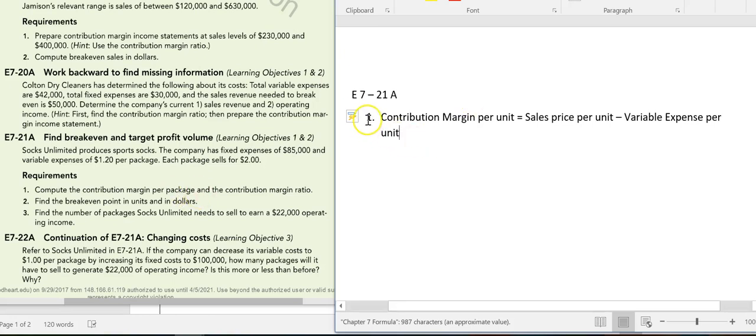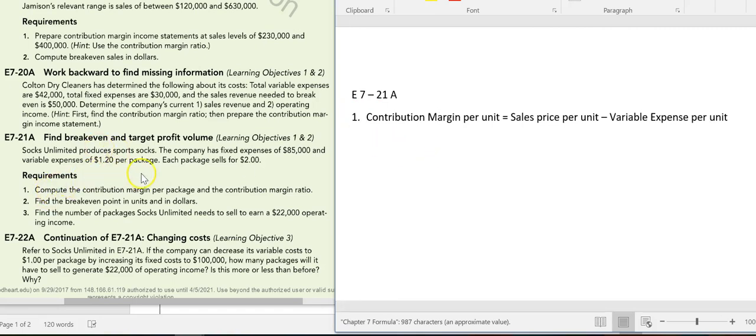Per unit. So now you know everything is given here. Per unit means per package, right? So you see here your sales price per package is $2 and your variable expense is $1.20. That means the difference, which is 80 cents, is your contribution margin per unit. Isn't it very simple? So I will just plug in the numbers.